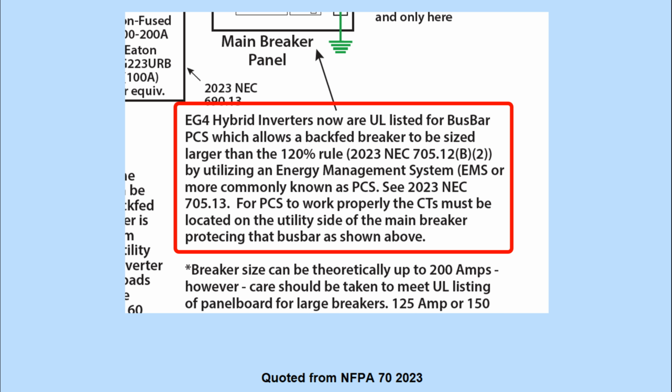By utilizing an energy management system, EMS, or more commonly known as PCS, see 2023 NEC 705.13, we just looked at that. For PCS to work properly, the CTs must be located on the utility side of the main breaker, protecting that busbar as shown. CTs are current transformers.